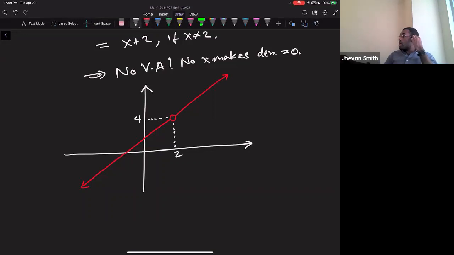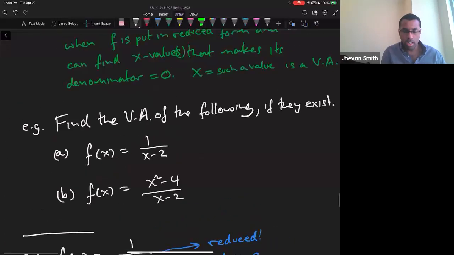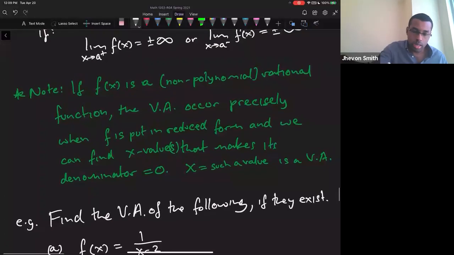So whenever you have x values that make your denominator 0, but by reducing, you cancel out the factors that would do that, you get holes, right? You don't get asymptotes. So that's why for vertical asymptotes, it's very important that you reduce.